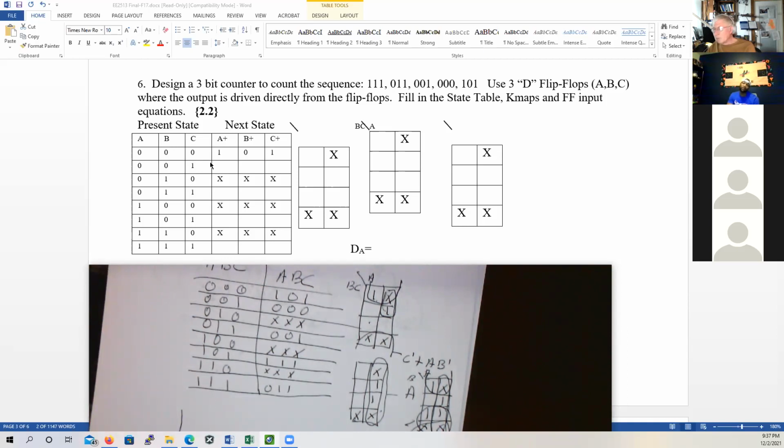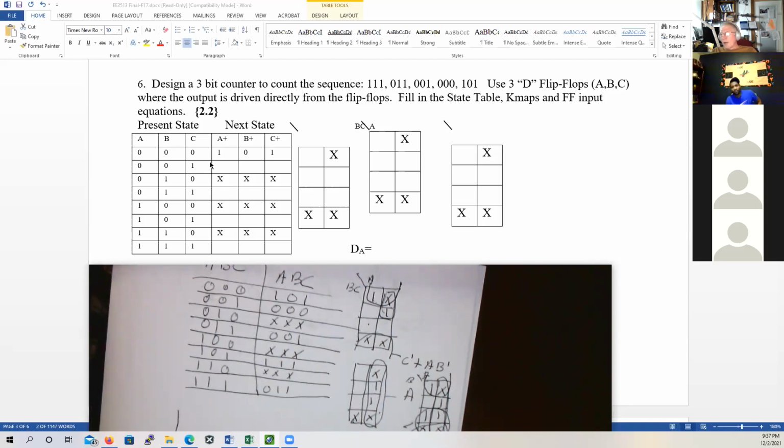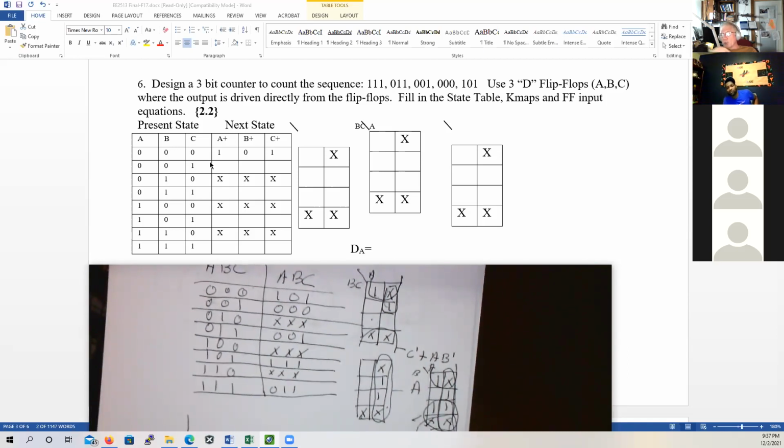But I remember when we were doing it in class, it said to write down all of the paths to A, when that's 1 and all that stuff. That's when we were using SM charts, and we didn't necessarily take into consideration the don't cares. But these K maps have don't cares in them, so that is not needed for this. You're already getting the minimum solution because you're using K maps and you put in the don't cares.